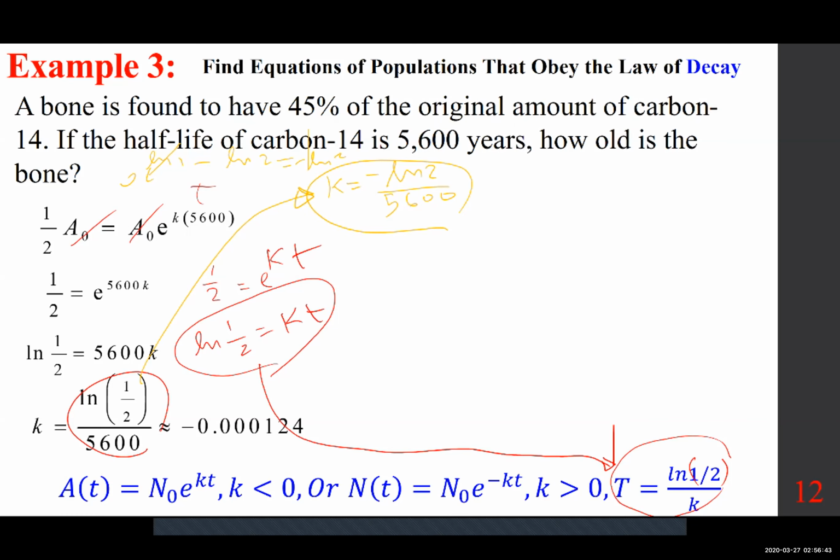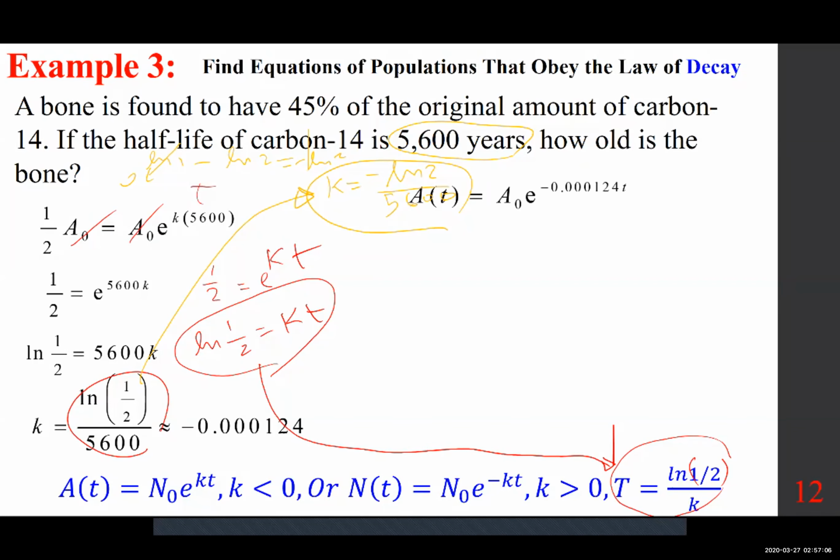You don't change the ln2 until you plug in. Or you can change it to -0.000124. By the way, these are all approximations. I want you to know that these are all approximations. In some cases, they say it's 5,700 years, so I don't want anybody to be confused that it has to be 5,600.